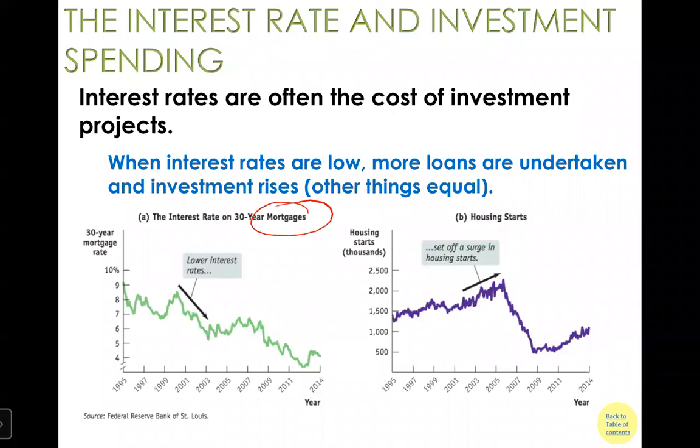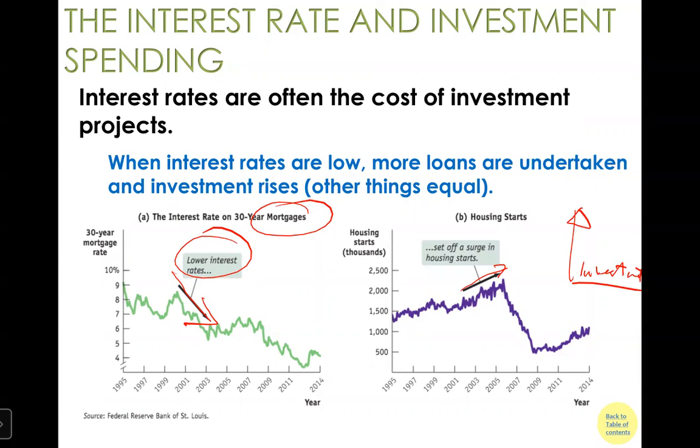First we look at the data. If the interest rate declines, look here, the housing market or the purchase of houses increases. That translates into a lower interest rate, higher investment spending.